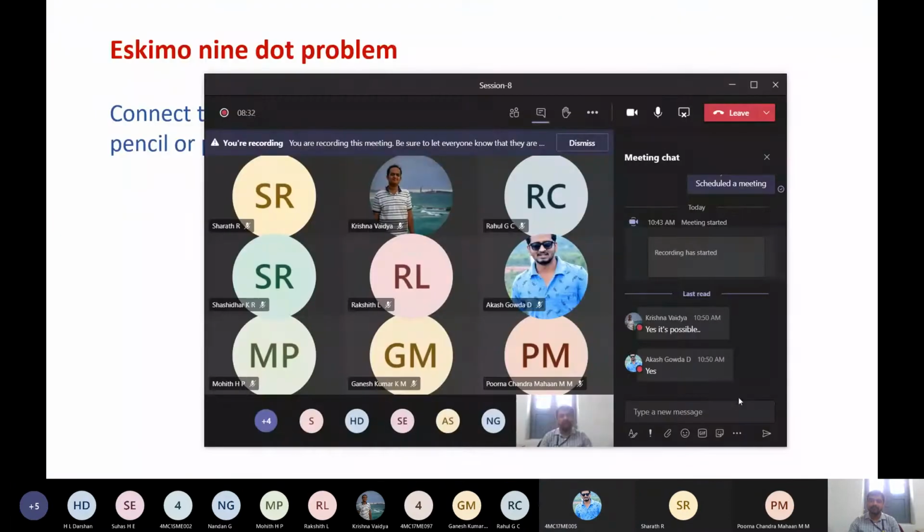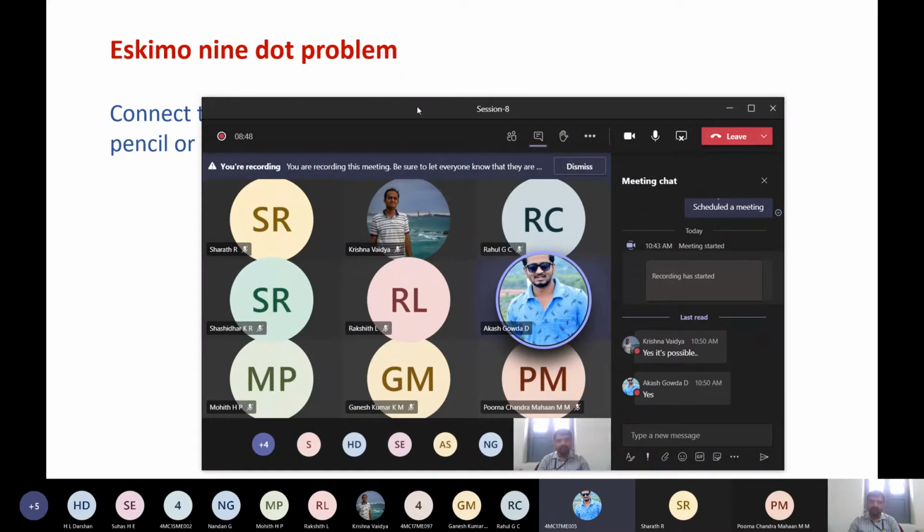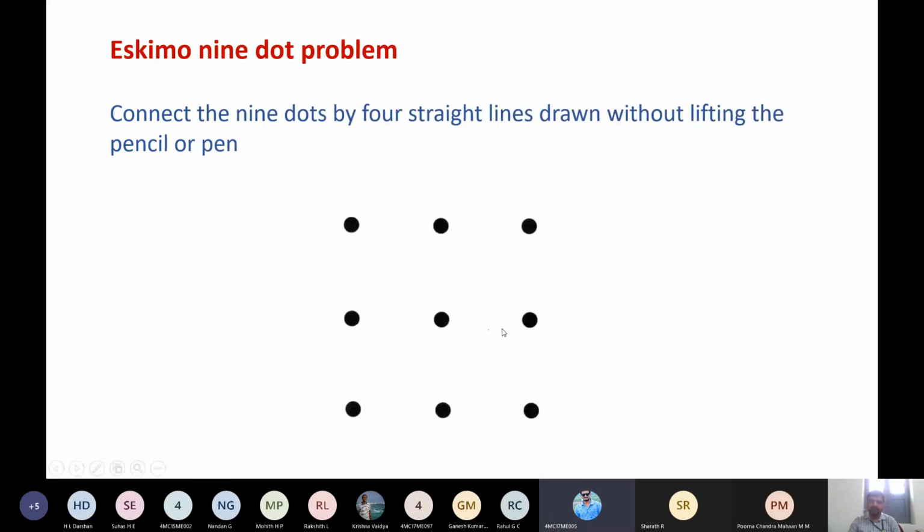Sir, by connecting the points 7, 8, and 9, then 6.